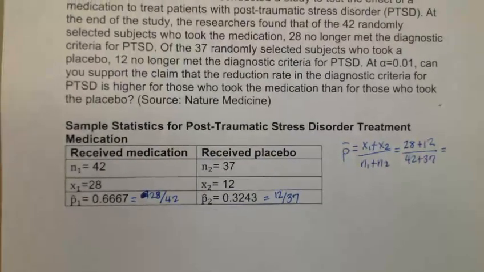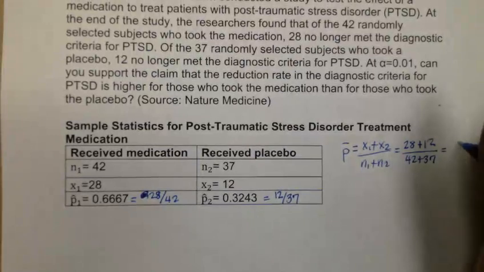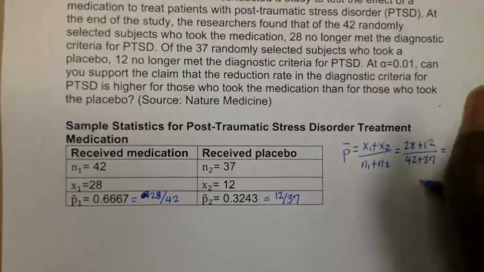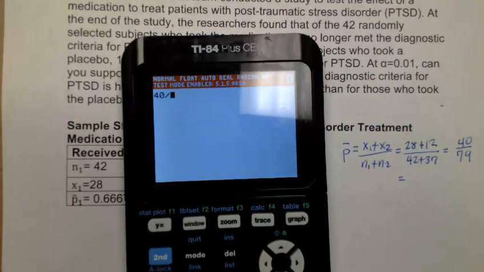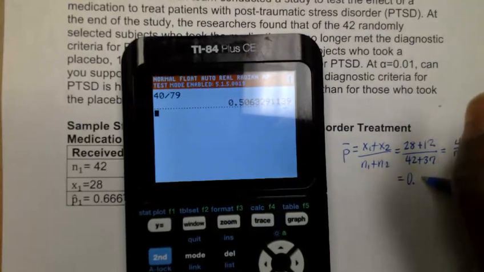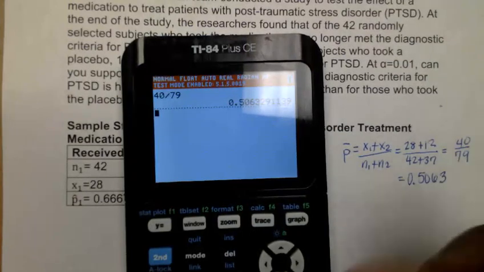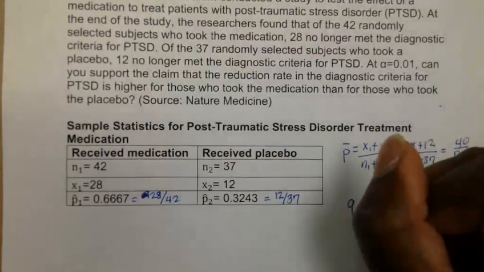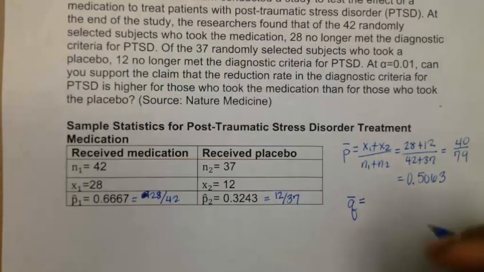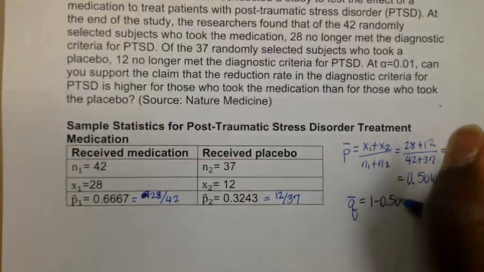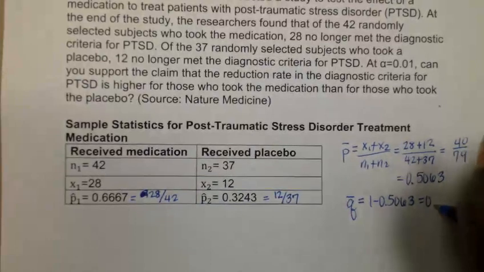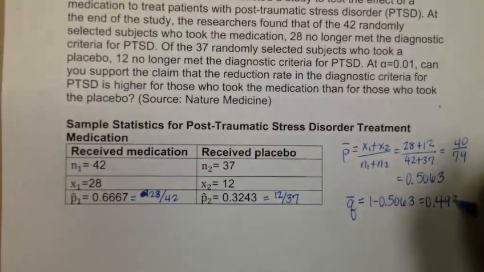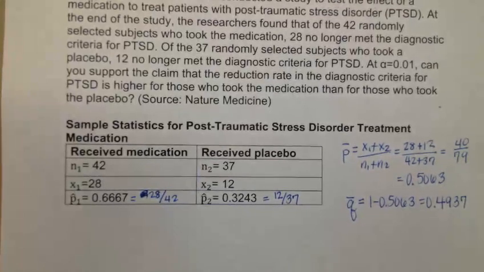That's 40 over 79, 0.5063 for P bar. Q bar is going to be the opposite of that, so that's 0.4937.